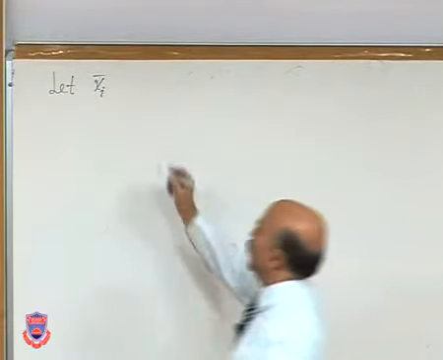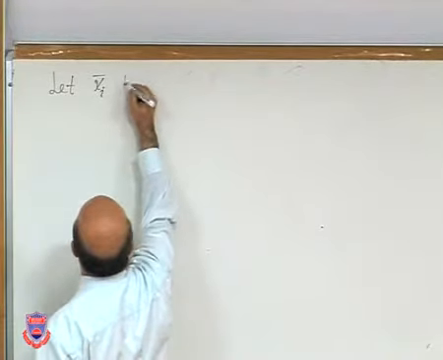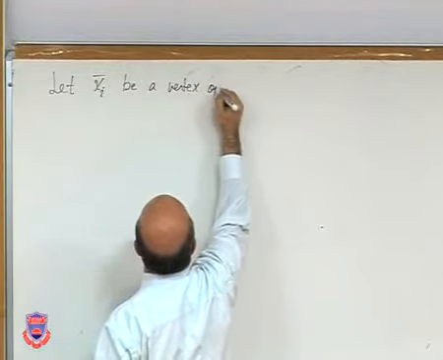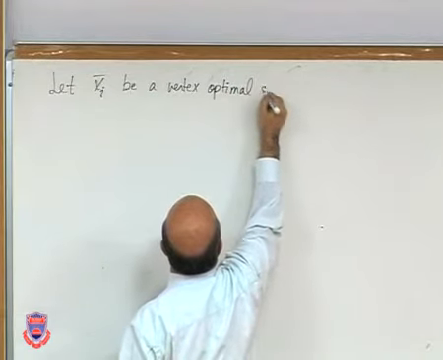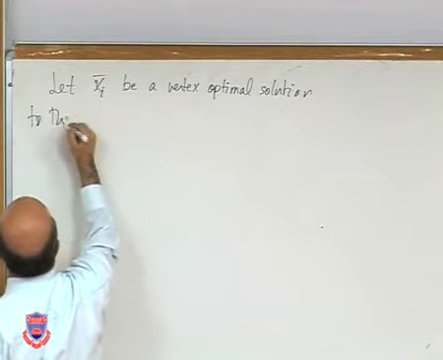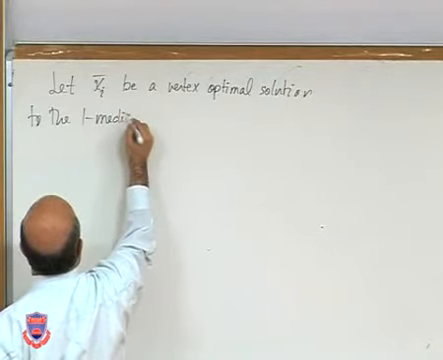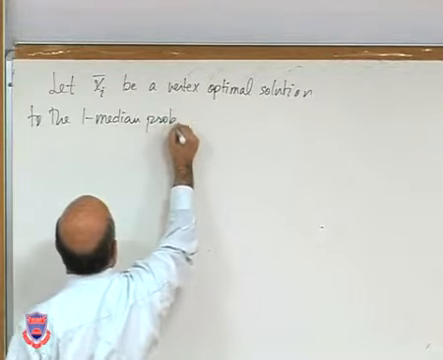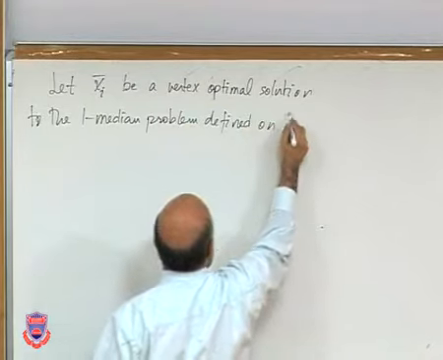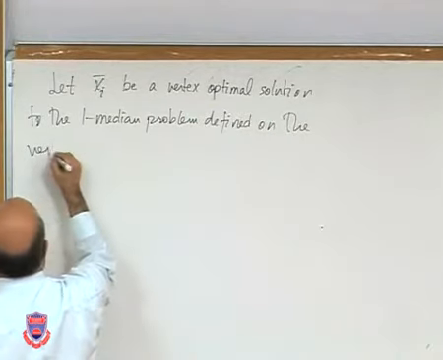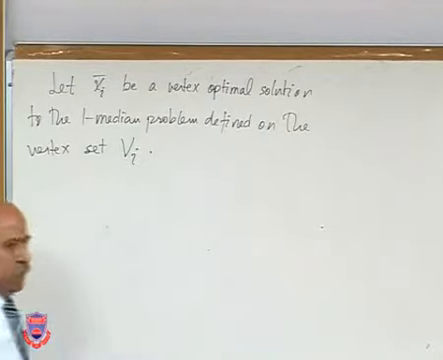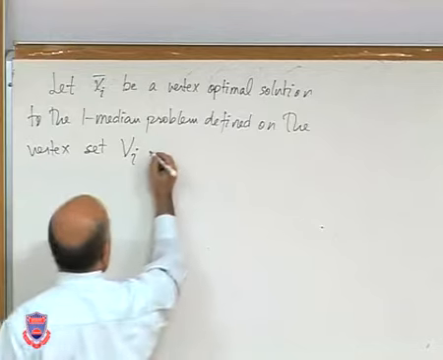So let xi bar be a vertex optimal solution to the one median problem defined on the vertex subset, or vertex set, capital Vi. Okay, this is defined for each i.